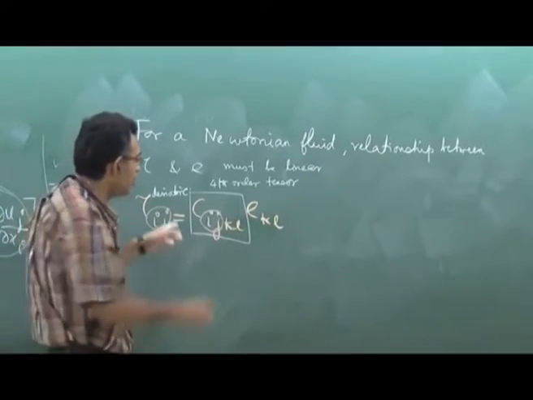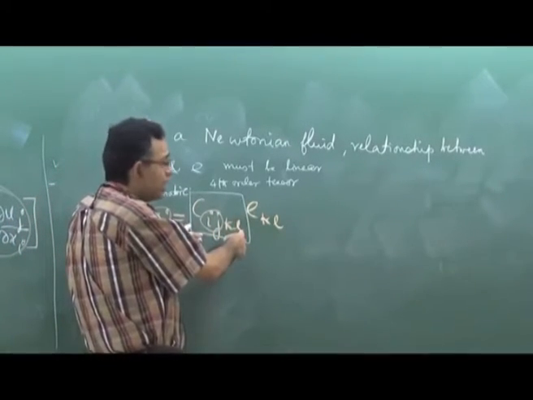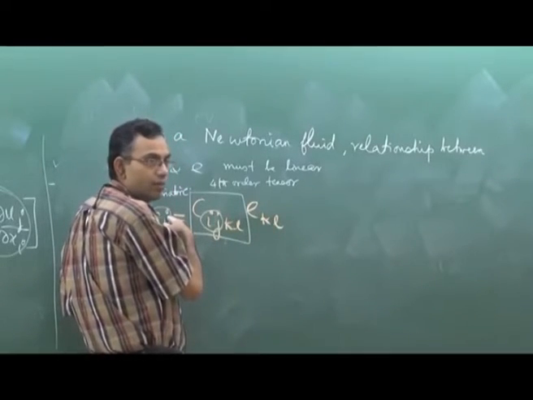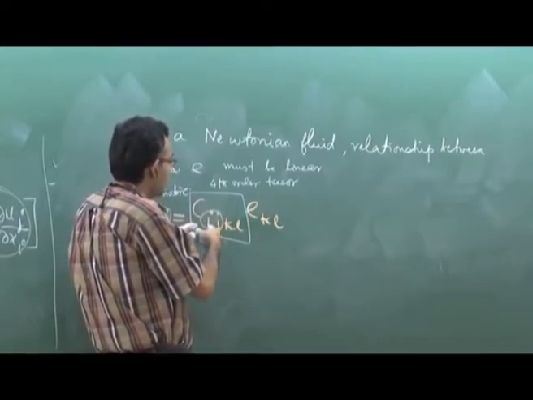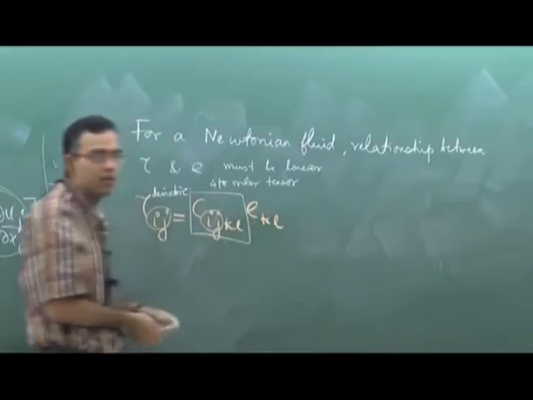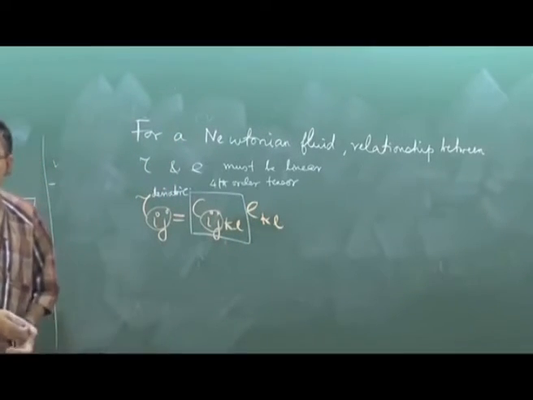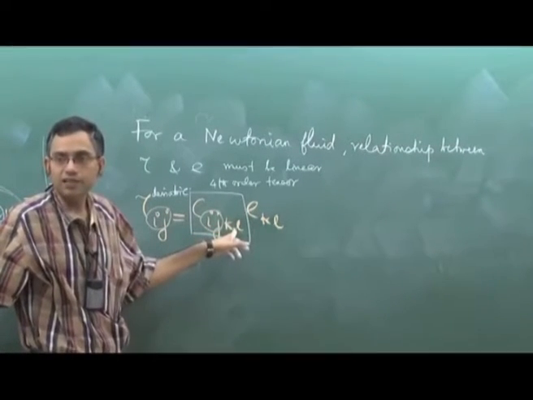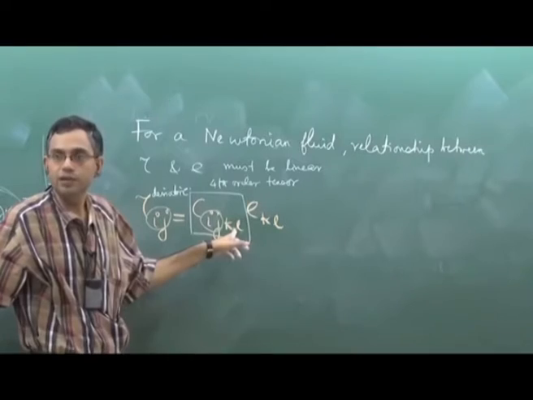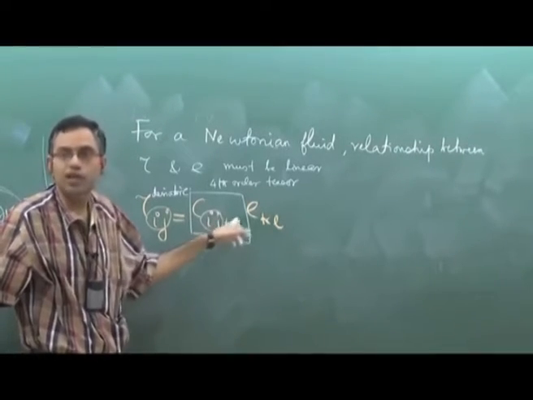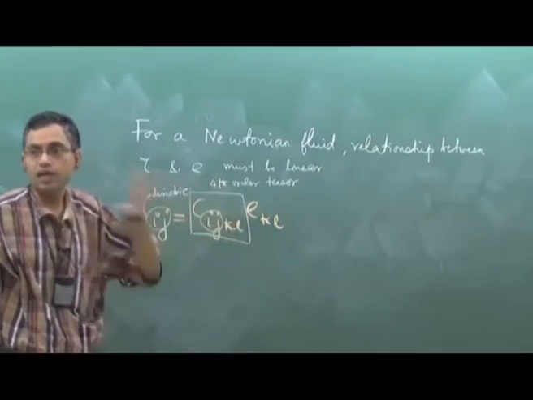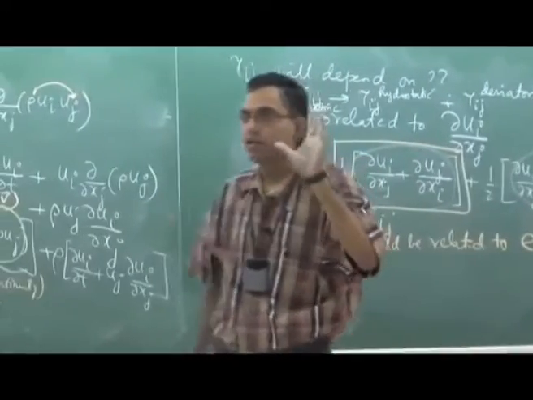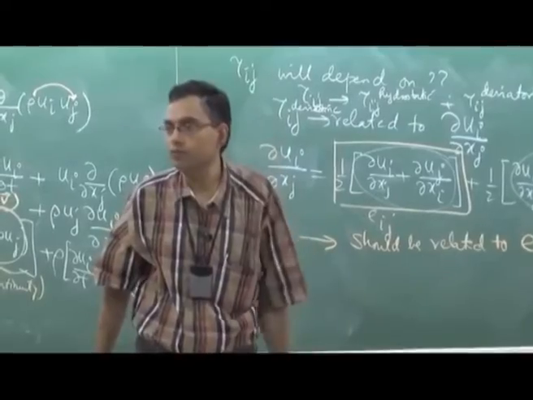That means if you know this tensor, then given the velocity gradients you know the stress. But how many components of Cijkl do you require? Each of these i, j, k, l varies from 1 to 3. So 3 into 3 into 3 into 3. So 81 constants are in general required to describe the property of the fluid.